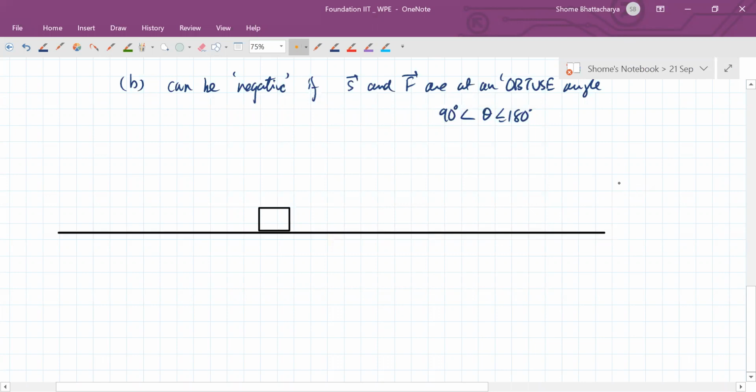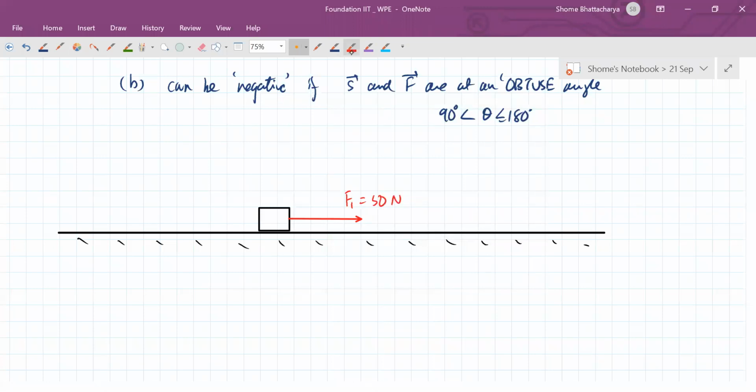But while it is displacing horizontally, there are two forces that we are applying separately on the body. One is pulling it in this direction. So let's say one force F1 is of 50 newtons, pulling it along this direction. But there is also another force that's simultaneously acting.